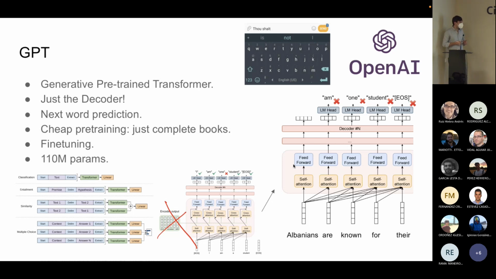This is less powerful in principle, but the training is simpler, so it can learn from more data, and it was the first attempt they made, from books specifically, because books have long-term dependencies that you don't see on tweets and other kinds of data from the web. So it is less powerful, but on the other hand, it is simpler.